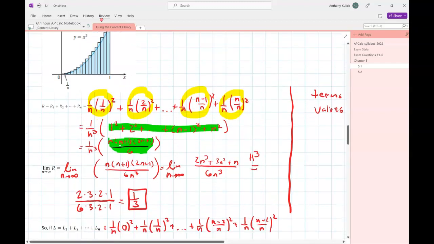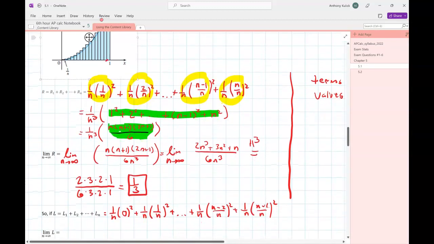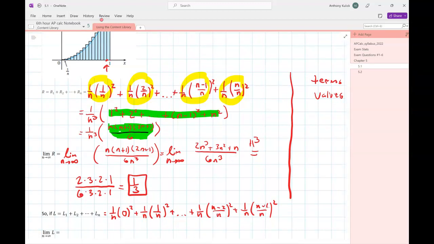Because with the left endpoints, the height is here. So this would be n over n, this would be n minus 1 over n, and the one before that would be n minus 2 over n. Does that feel okay? Yep, good questions.